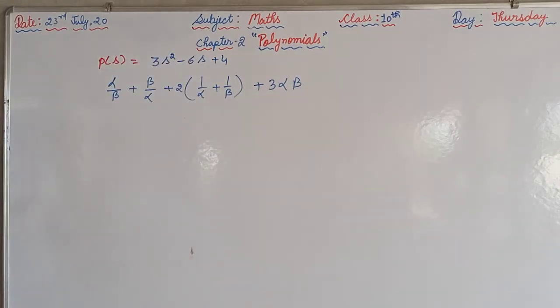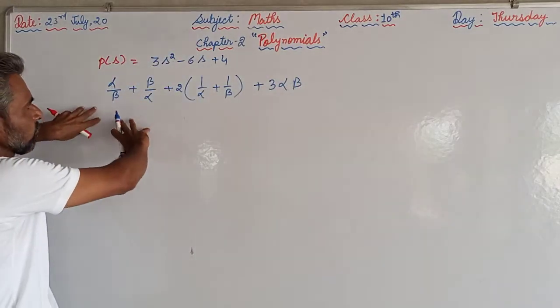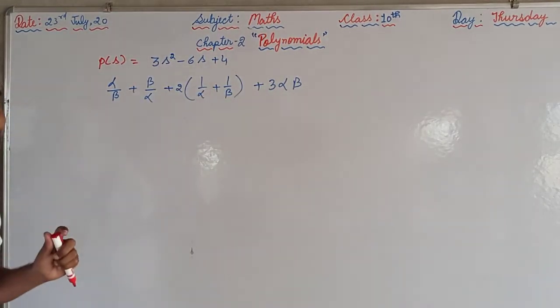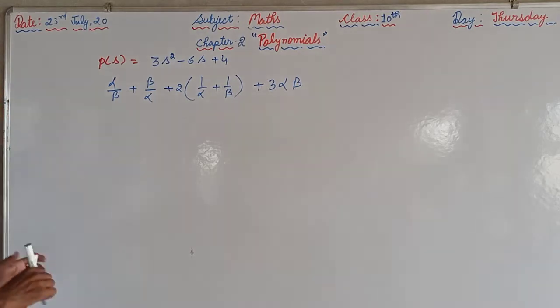First of all, we are supposed to reduce this expression into a form which includes alpha plus beta and alpha beta only, because we know the values of alpha plus beta and alpha beta.